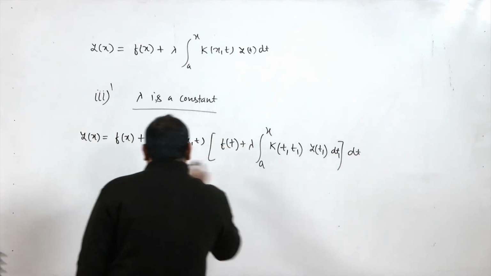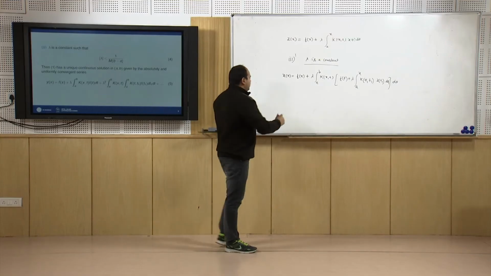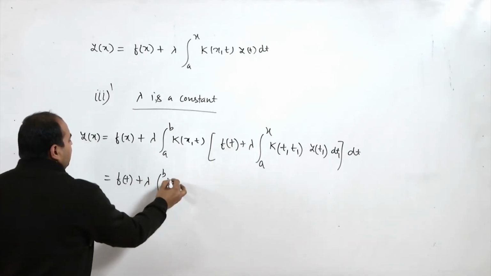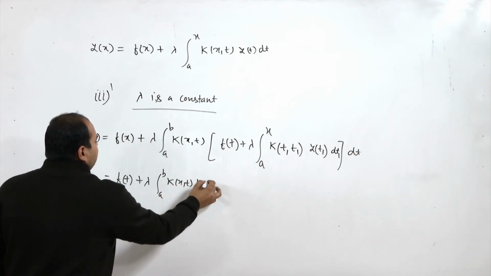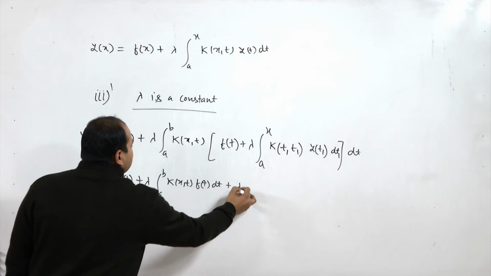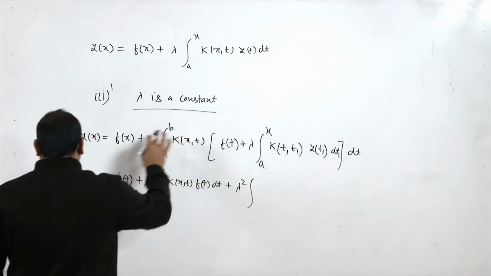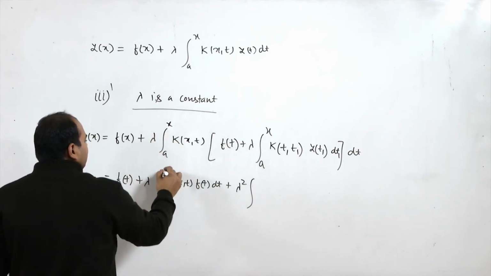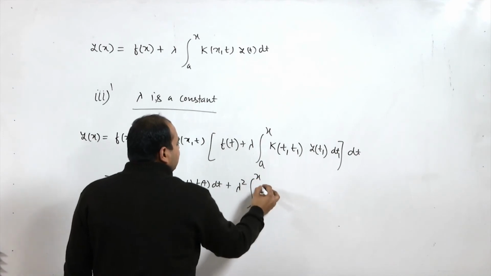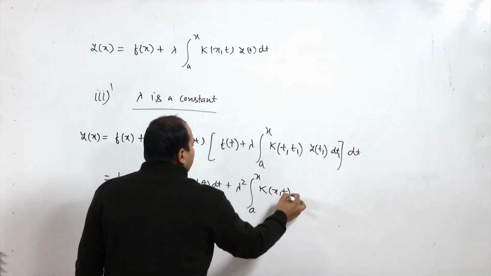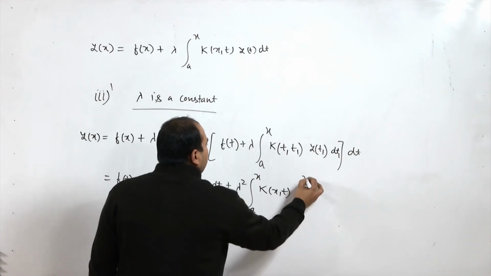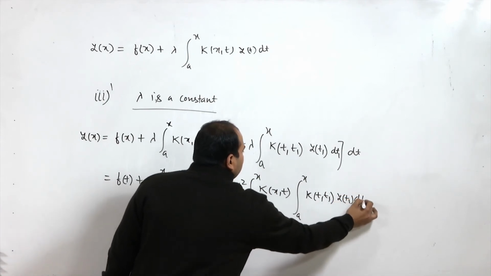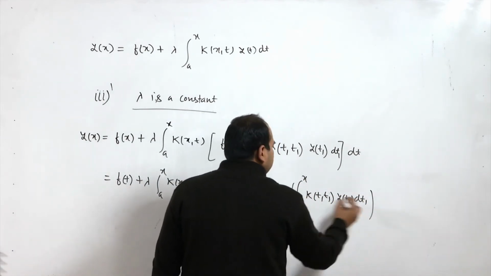Sorry, here it is not b, it is x. So this is f(x) plus lambda times the integral from a to x of k(x,t) times the integral from a to x of k(t,t1) y(t1) dt1 dt.